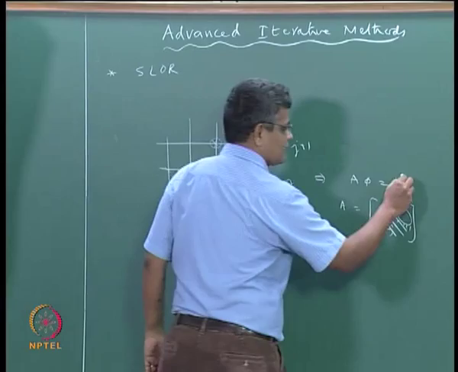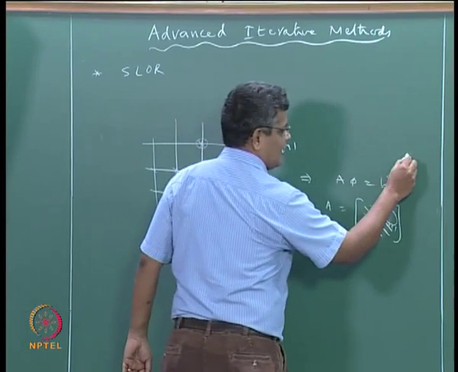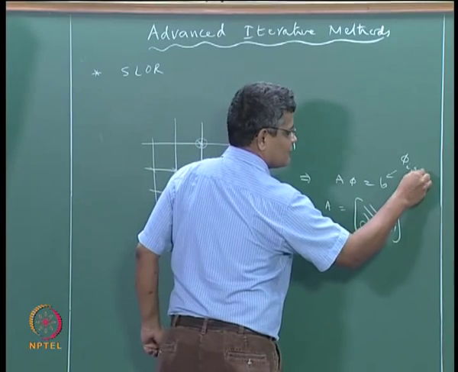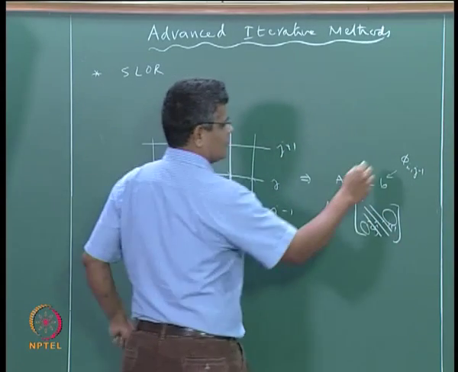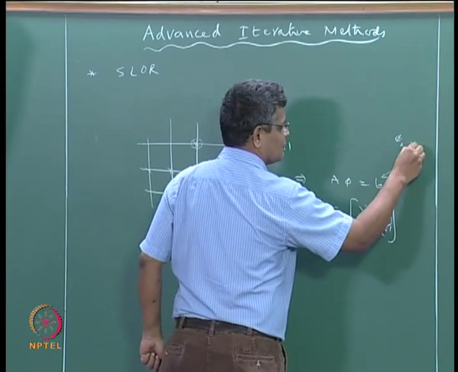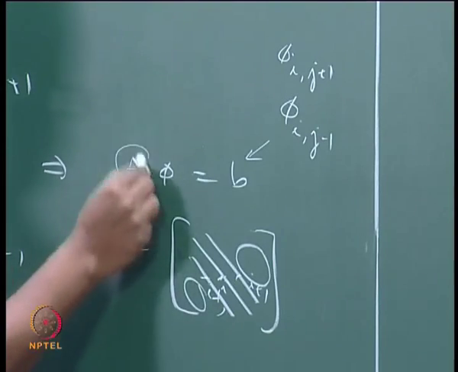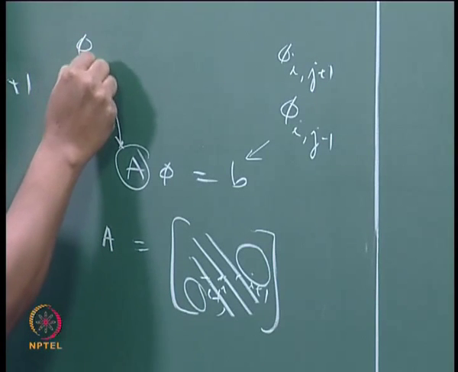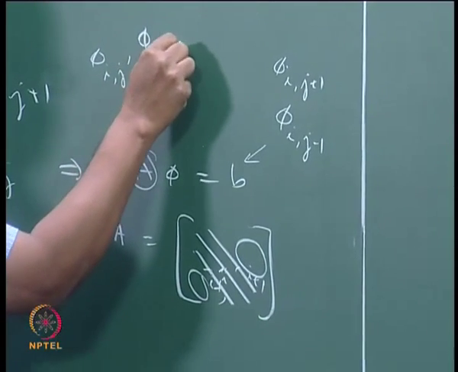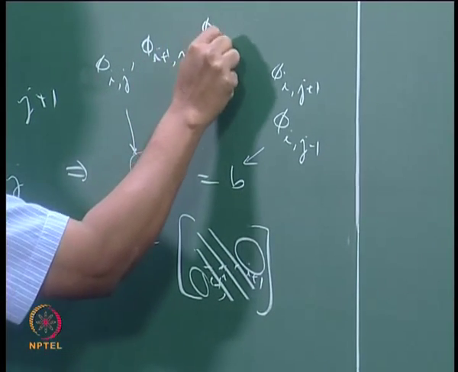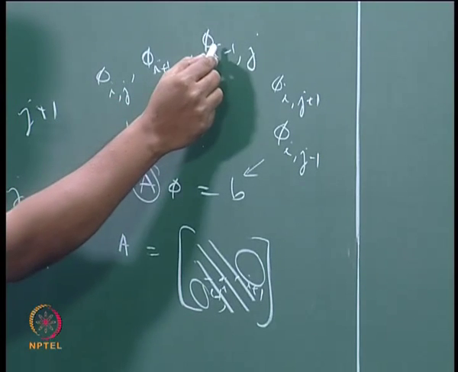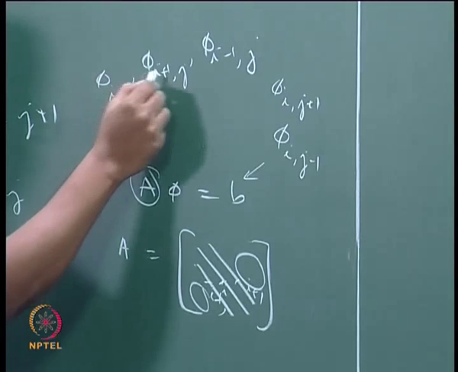So the b here has the values of phi i j minus 1 and also the value of phi i j plus 1, and A here has the values of phi i j, phi i plus 1 j, phi i minus 1 j, and so we can see that this is left, center and right.